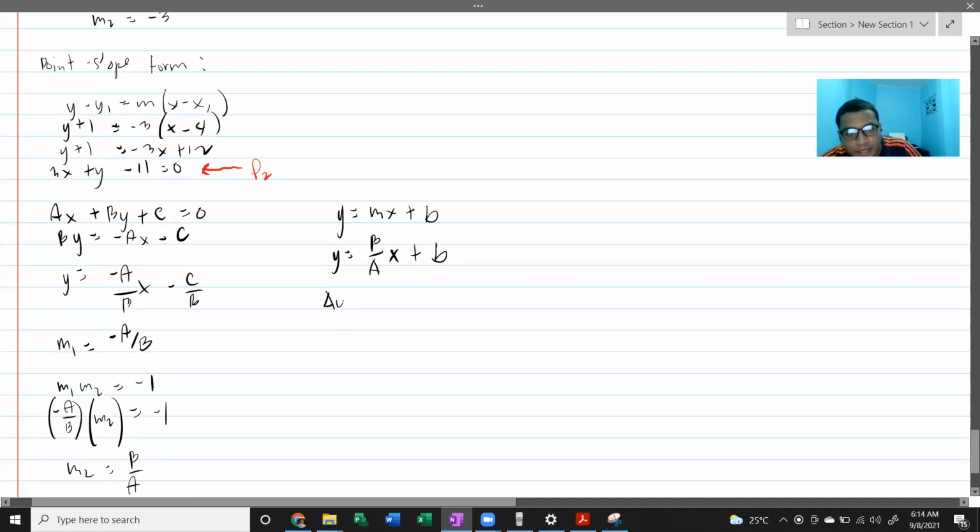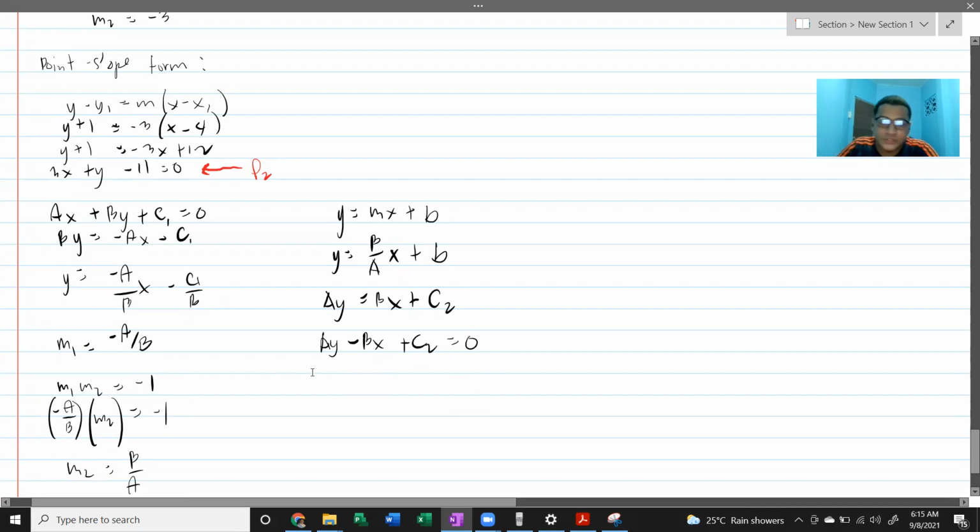We have ay equals bx plus a constant, but since it is a constant, let's just write this as c2. The constant here for line 1 we can call c1. Okay, and rearranging, we have minus bx plus ay plus c2 equals 0.